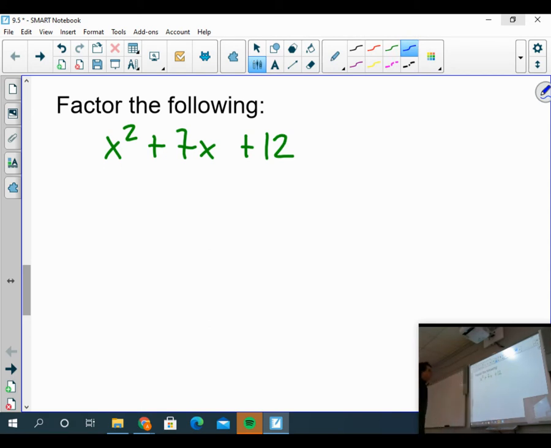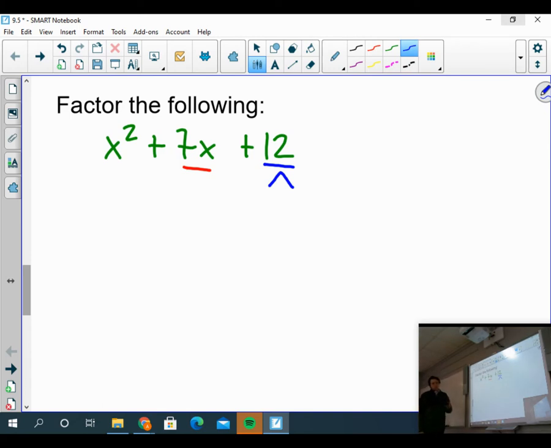Well, according to my definition, and if you don't remember it, look at the definition you've written down on your paper, I am to factor by finding two numbers that multiply to give me my last number and add to give me my middle number. So how do we start this process? Well, what we're going to do is first look at all the factors of 12.